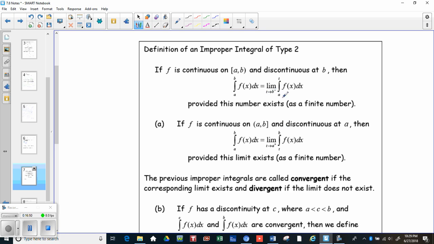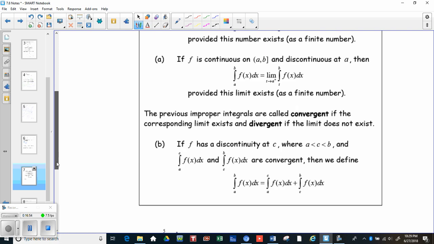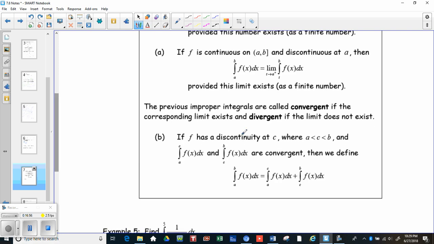You just have to indicate the direction, either from the left or from the right, depending on which side the function is coming from. Just like before, if you get an improper integral that has a finite value, it's going to be convergent. If you get an improper integral that does not have a finite value or gets infinity, then you're going to have divergent.